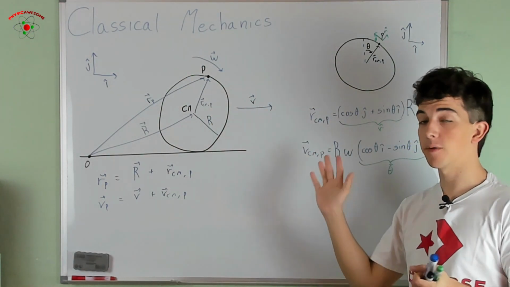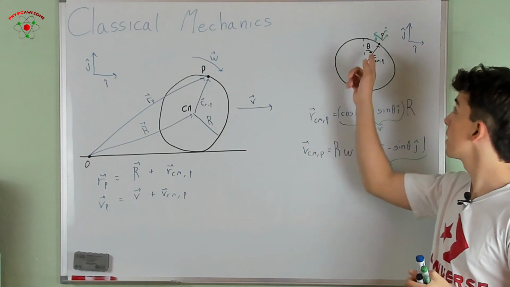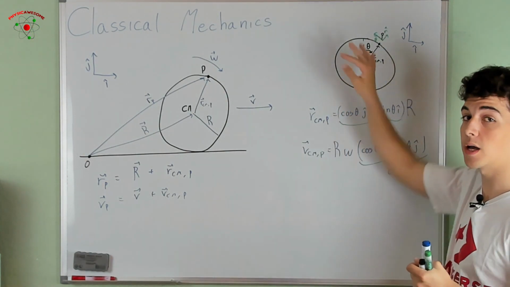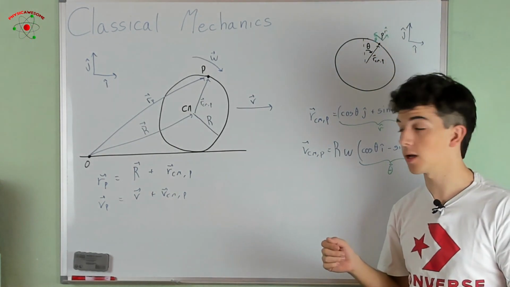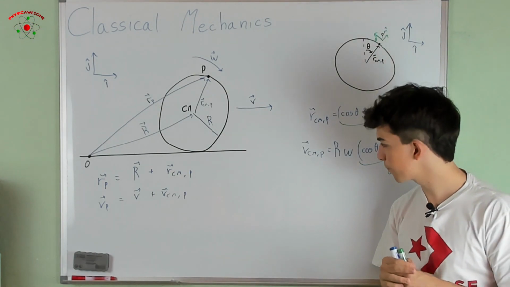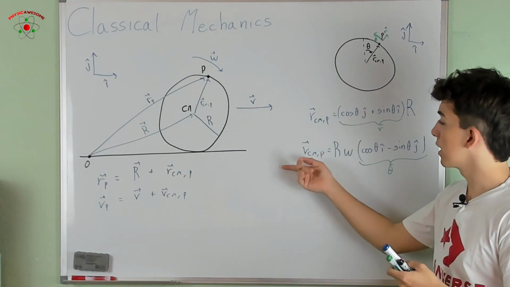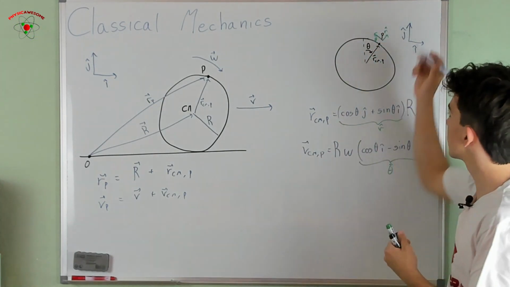And our k hat vector is pointing towards the outside. So the direction of our theta is negative, and this w is also negative, as we said. So the velocity is going to be pointing in this direction.